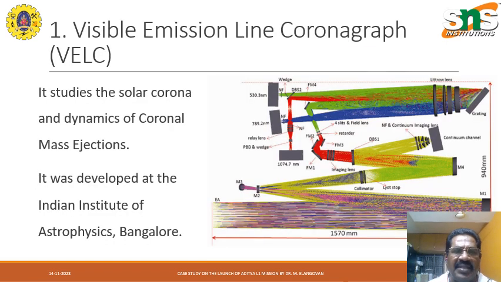The first one is the Visible Emission Line Coronagraph, or VELC. It studies the solar corona and the dynamics of coronal mass ejections. It was developed at the Indian Institute of Astrophysics in Bangalore.